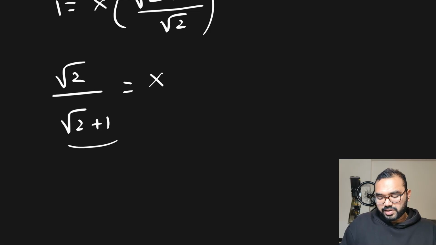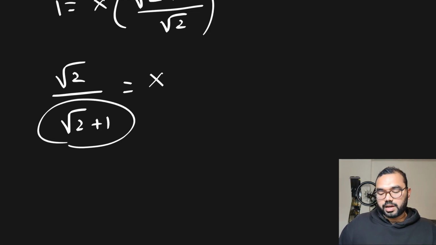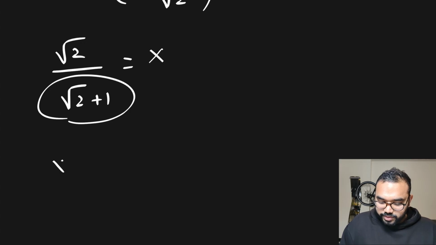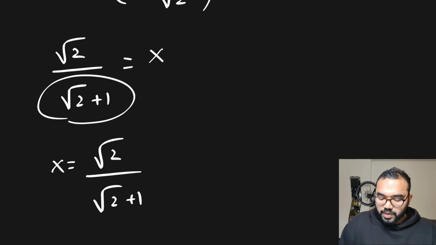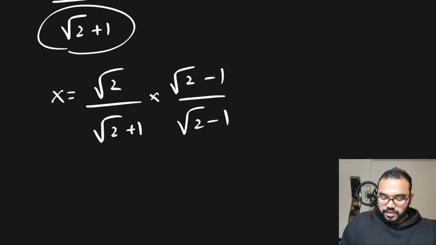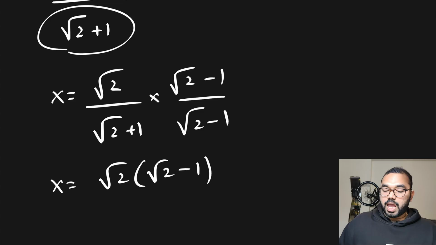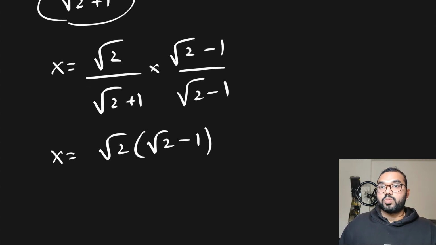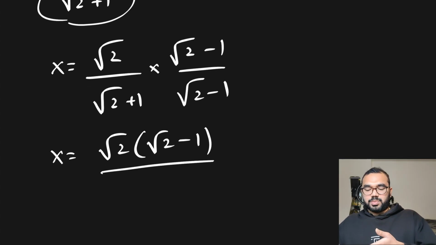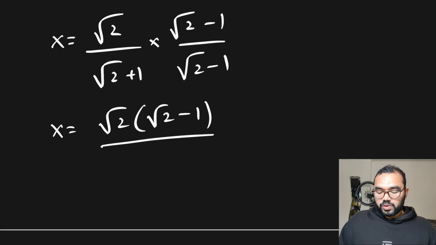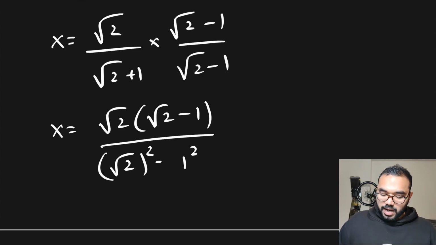This is an irrational denominator, so I want to rationalize it to make it look good. So multiply and divide with square root of 2 minus 1. The denominator is (square root of 2 plus 1) times (square root of 2 minus 1), which is a plus b into a minus b, so it is a squared minus b squared: square root of 2 whole squared minus 1 squared.